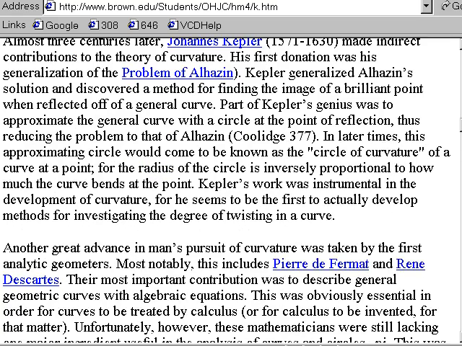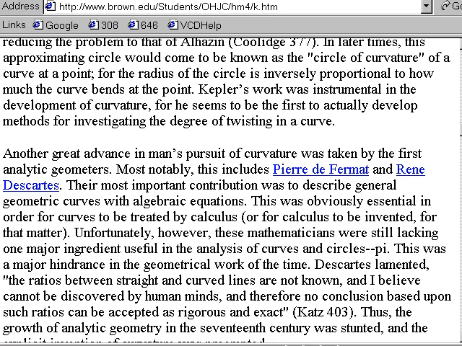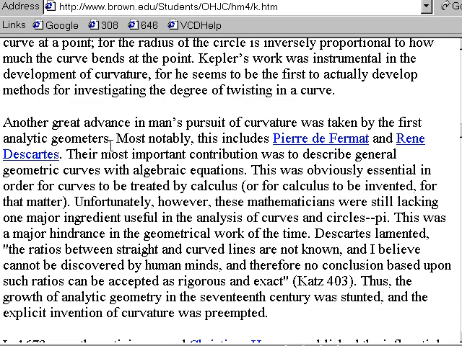Then they had this idea of fitting a circle tangent to a curve, and the smaller the circle, the more curvy it was, and that's essentially fitting an oscillating circle to a curve.